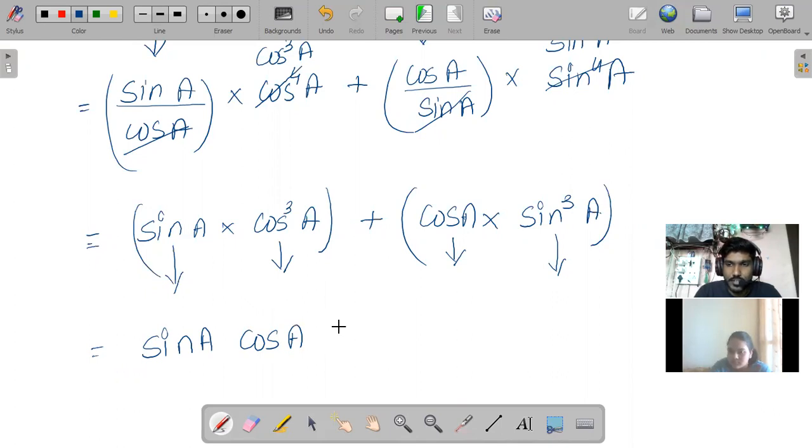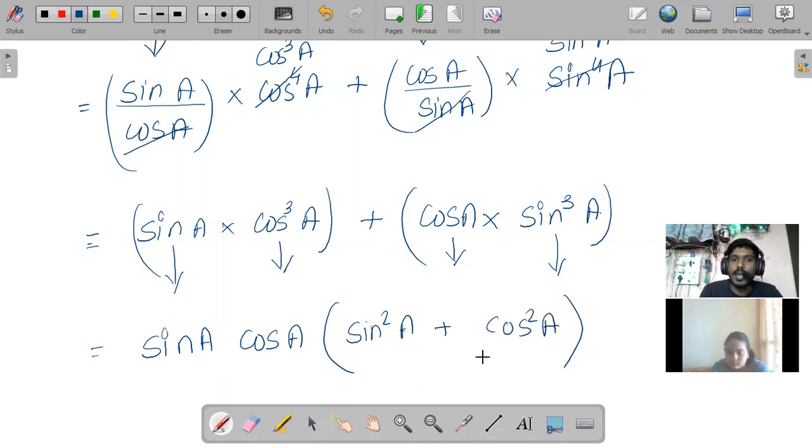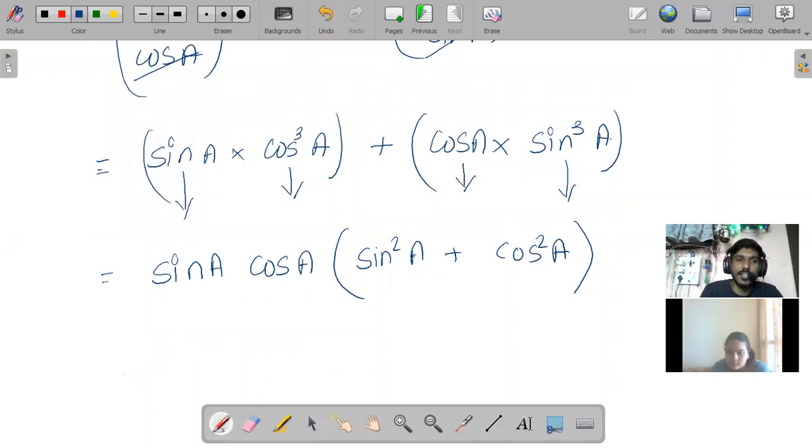Or you want me to explain it in a different way? Is there anything further or is it over? There is further, but did you understand why sin A and cos A is common? Yeah, I understood this. Okay. So what remained inside the bracket? Sin square A and cos square A. Correct. Sin square A plus cos square A. And by the first identity, what will this become?